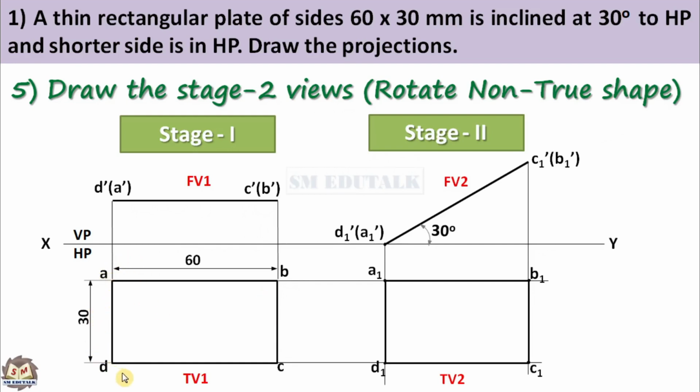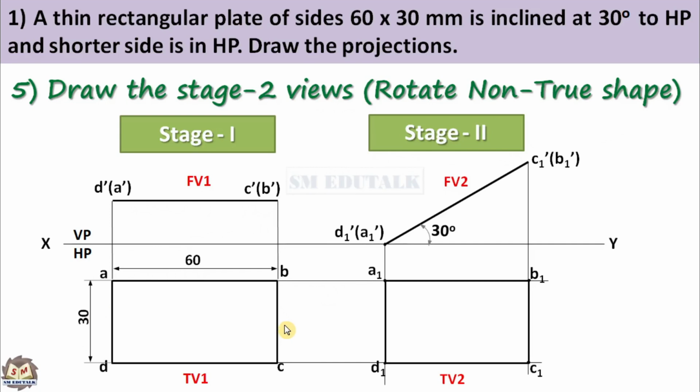If you consider the left side, the plate should be rotated in anti-clockwise direction to touch the left shorter side to HP. If you consider the right side, the plate should be rotated in clockwise direction to touch the right shorter side to HP. So, for this problem, you can consider either the left side or the right side of the plate to decide the orientation of the true shape in stage 1, because both the left side and the right side are shorter sides.